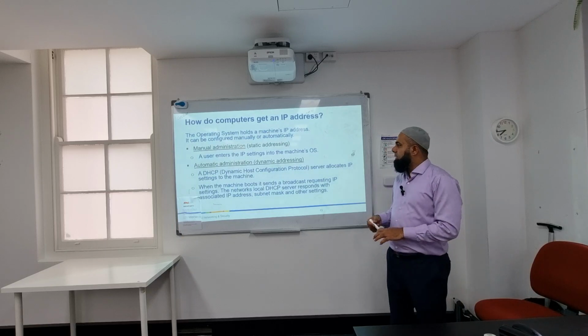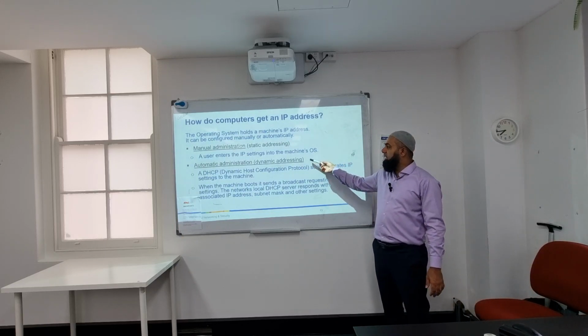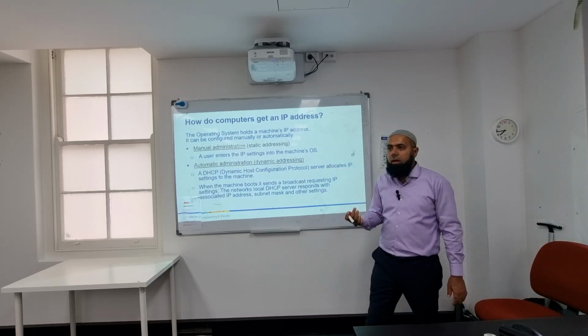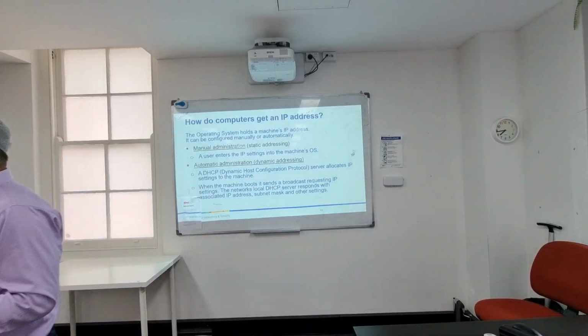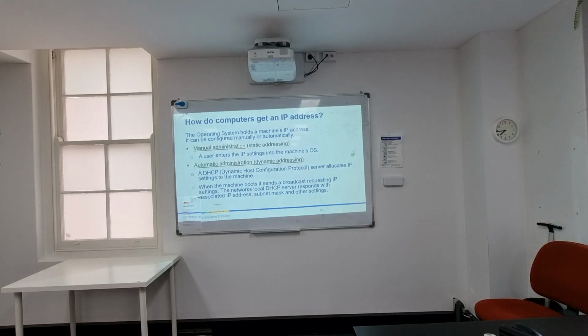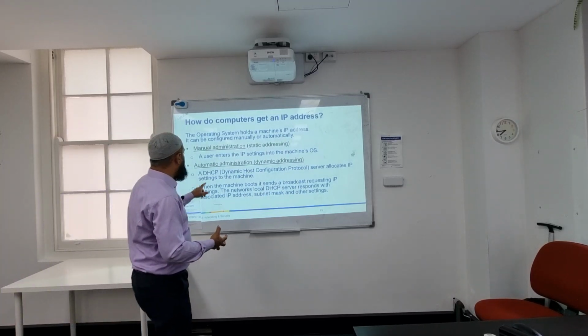The second part is automatic administration, which is dynamic addressing. Dynamic means you are giving the numbers according to the situation. Currently, 99% of the time when we enter a network, the IP addresses are dynamically allocated to us by the system. This is DHCP.